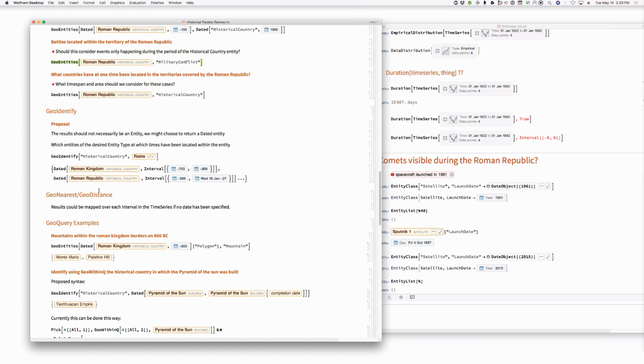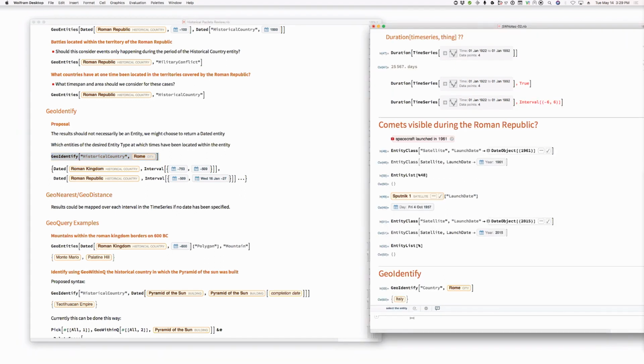Because geo-identify normally, okay, so if I were to say geo-identify here, just country, comma, Rome, I would get Italy. I'm confused why this doesn't return a time series in this case.